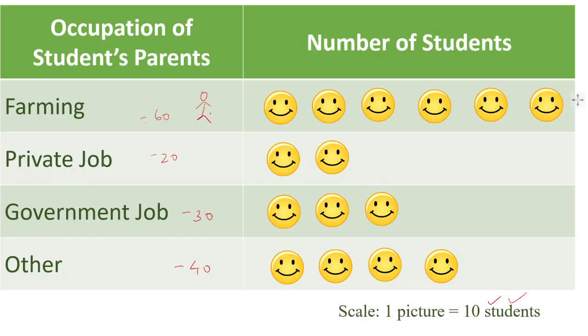You can also use smileys if you are doing it in your book. While doing it in your book, you can practice how to draw a smiley, because a smiley is very closely related to students, because you keep on smiling, right? So you can use smiley representation in your book, where one smiley is equal to 10 students. So you are representing data in the form of pictures. Okay, so this is the technique.